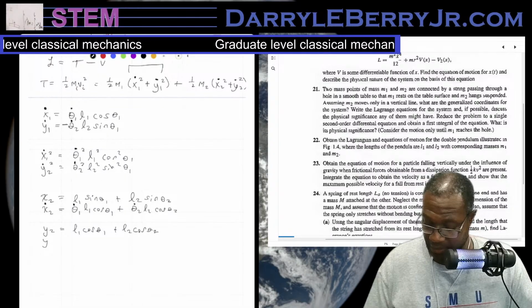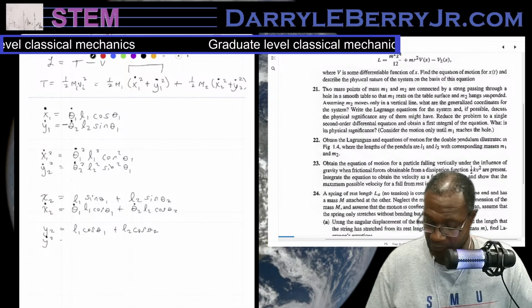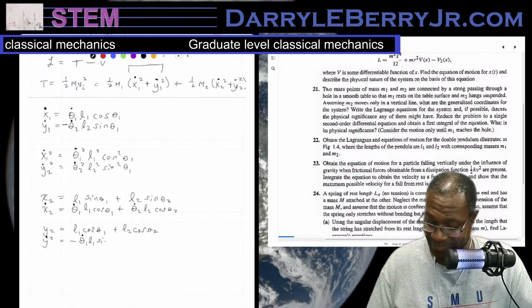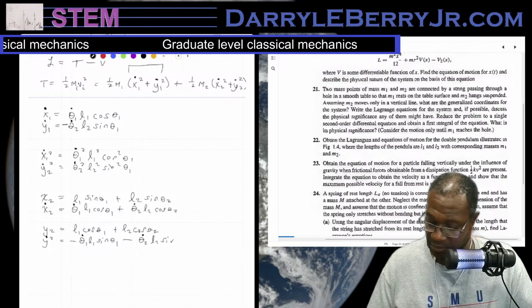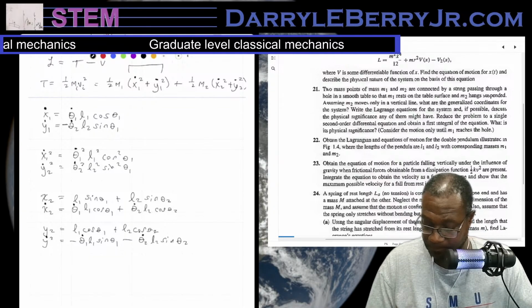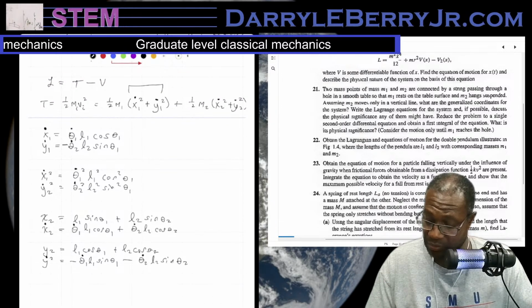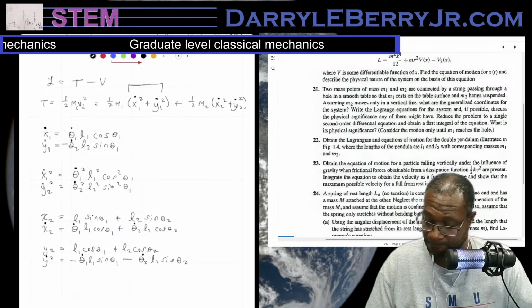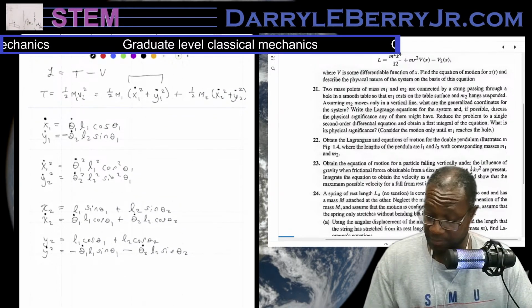So y2 dot equals negative theta 1 dot L1 sine theta 1 minus theta 2 dot L2 sine theta 2. So we have that. So now we have to square them and sum them to plug into the equation.